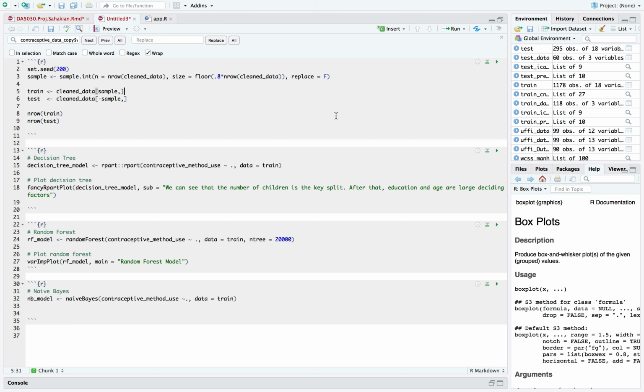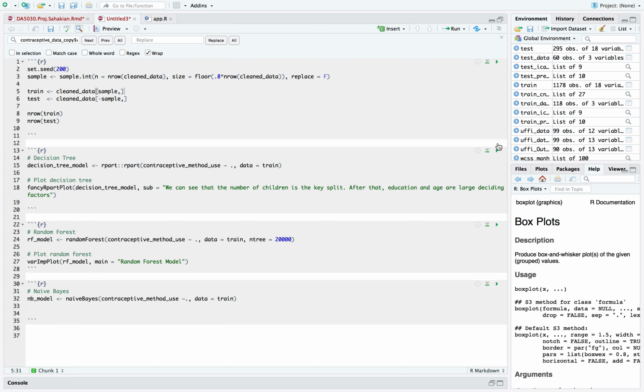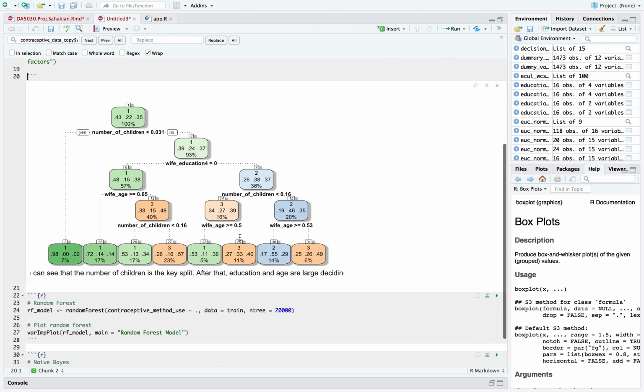So before I ran any of the models, I first created a training and a testing data set, so we can see that the training has most of the data and the testing has 20% in this case. And then if we run the decision tree model generation, we can actually plot the decision-making process.